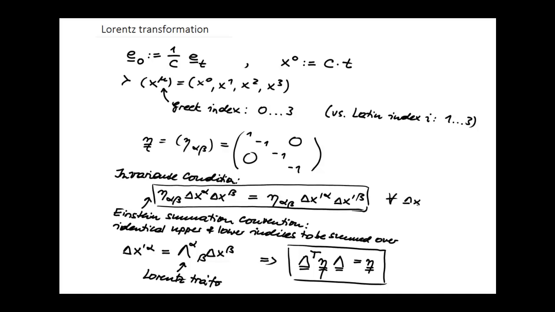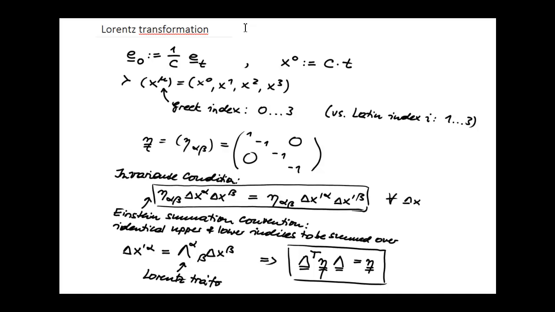Delta x is arbitrary. And then for delta x prime, you insert the transformation law with the transformation matrix lambda. And the invariance condition leads to this condition for the matrix lambda. So all transformation matrices lambda that satisfy this latter condition lead to a coordinate transformation that satisfies the invariance condition, and hence in particular preserves the relativistic causal structure.